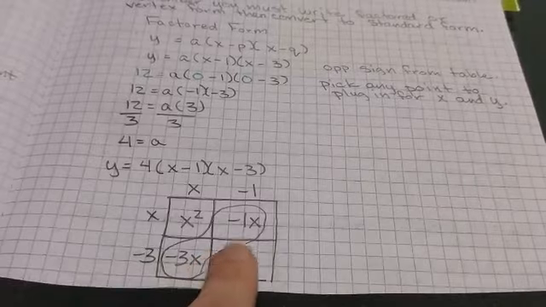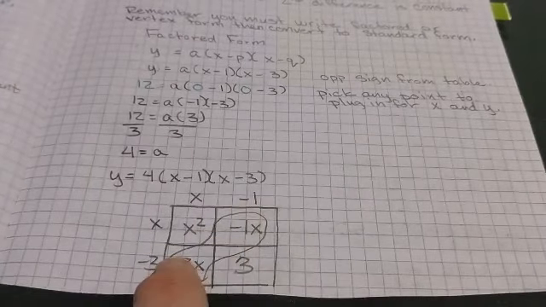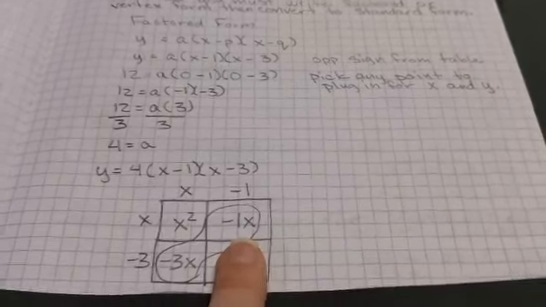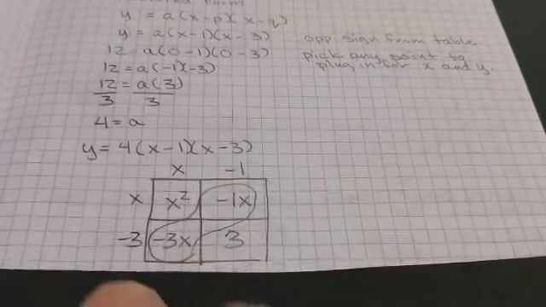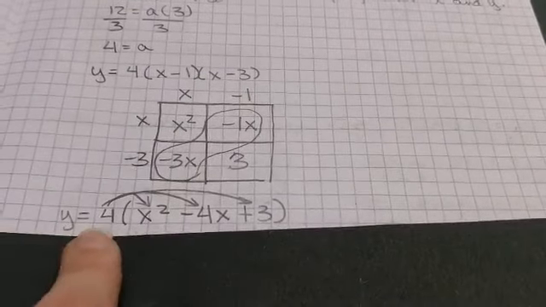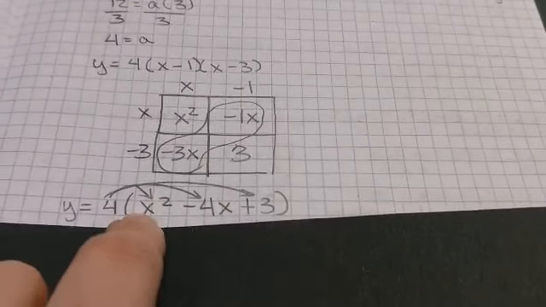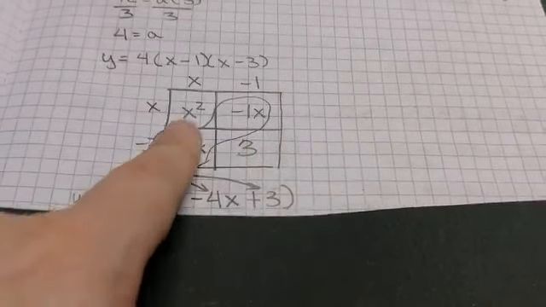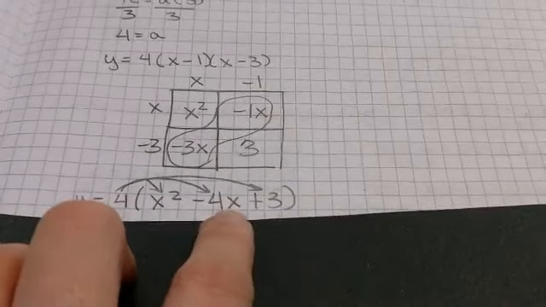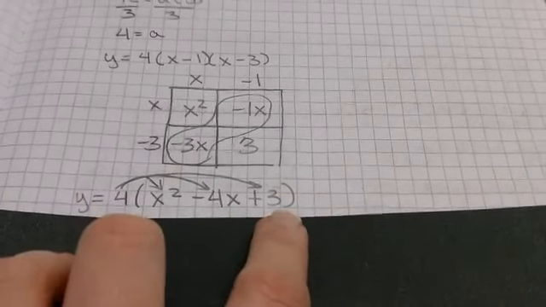I need to combine my like terms, so my like terms are always along my diagonal. So I have a negative 3x and a negative 1x that are like terms that I can put together. So I end up with y equals 4, parentheses, from my Punnett square, x squared minus 4x plus 3.